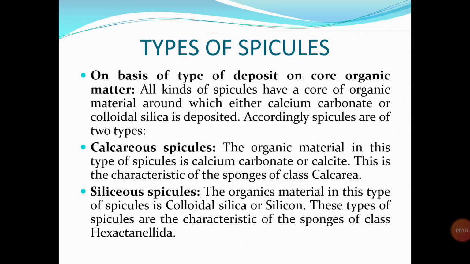The deposited material in this type of spicule is calcium carbonate or calcite. This is the characteristic of the sponges of class Calcarea. And the second one is siliceous spicules. The deposited material in this type of spicule is colloidal silica or silicon. These types of spicules are the characteristic of the sponges of class Hexactinellida.